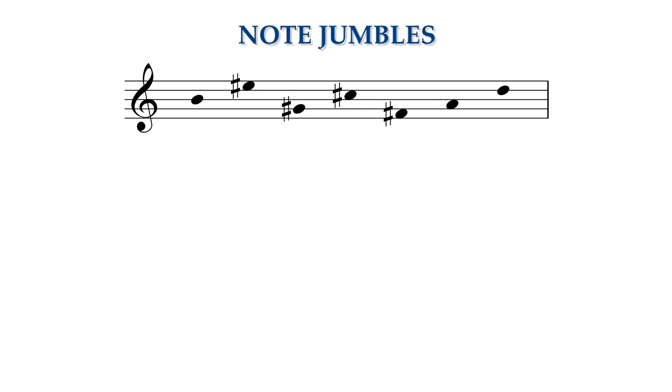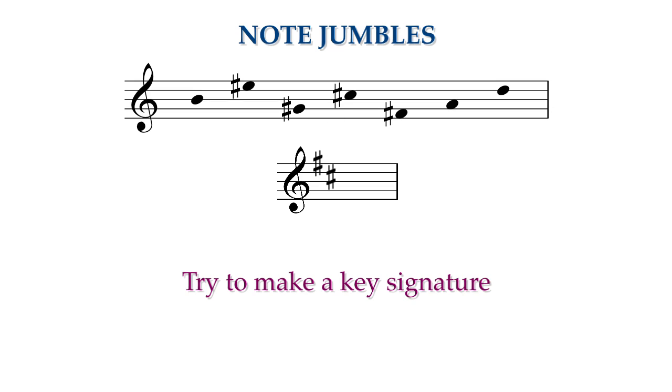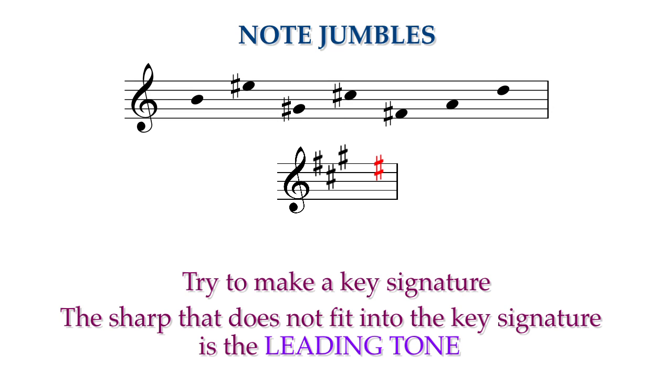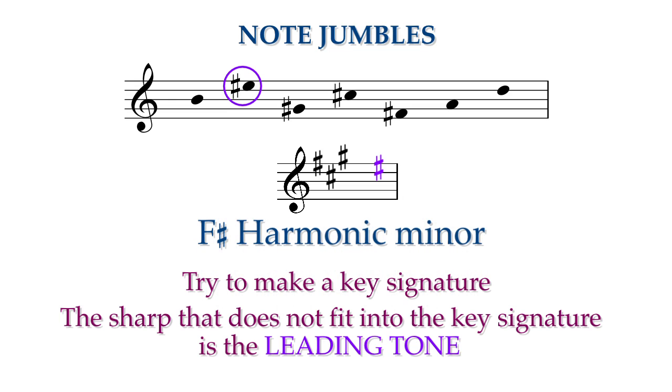Here is another way to solve harmonic and melodic minor note jumbles. Try to make a key signature. For sharp keys, the sharp that does not fit the key signature is the leading tone. From the leading tone you can find tonic. If it is a harmonic minor scale, the key signature you made will match the key signature of the tonic that you found.